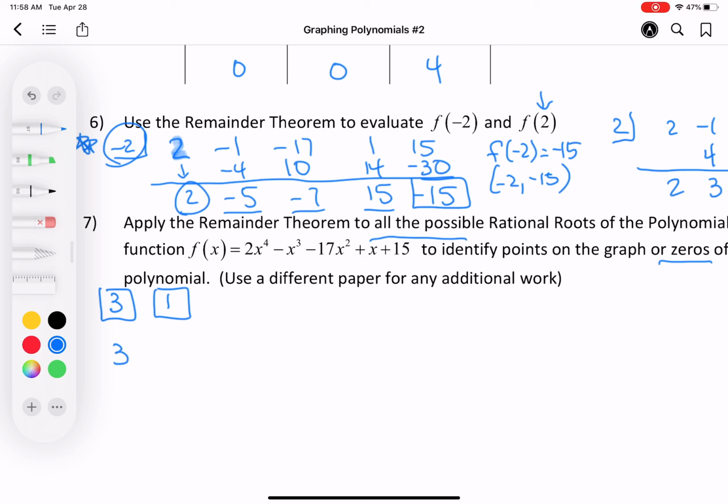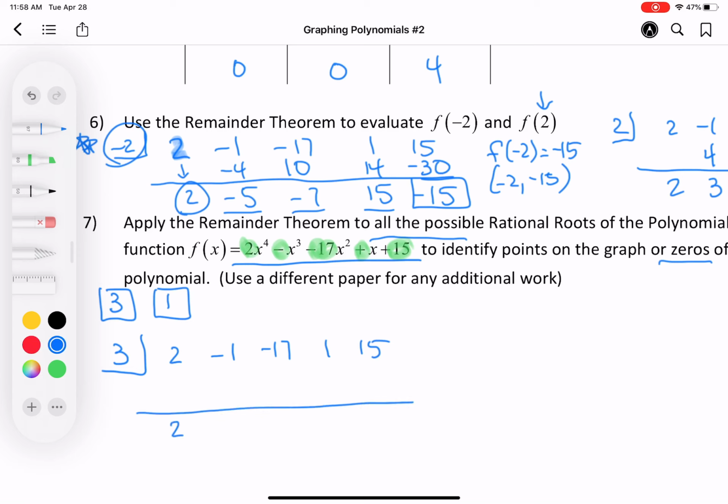All right, so remember, I'm using this polynomial, so I'm using these coefficients. To do synthetic division: 2, -1, -17, 1, and 15. Let's see if we get a 0.